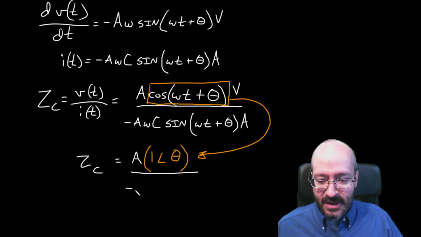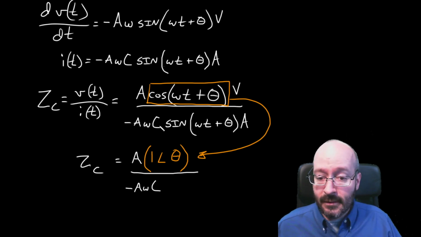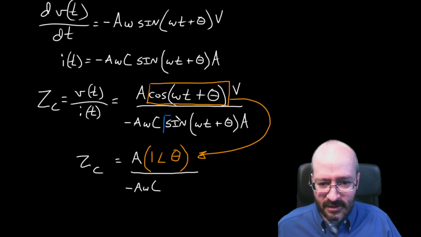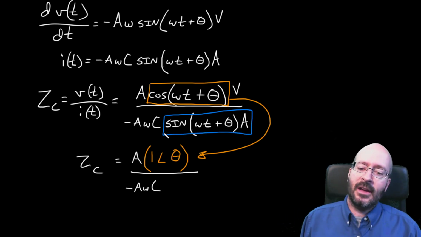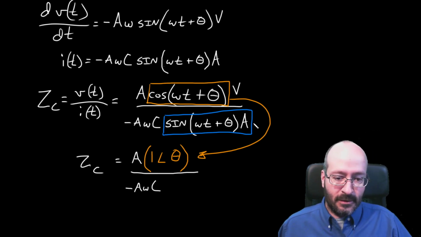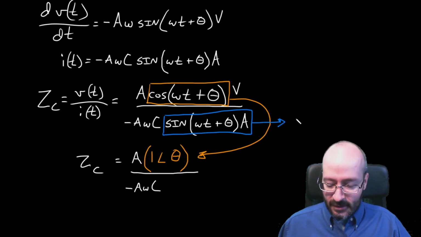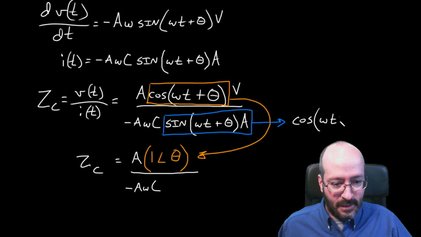So down here we have negative A omega C, and I'm going to take this. Oh, I have to convert that to a phasor. Didn't we just have a video on this? How do I take a sine and rewrite it as a cosine? The first thing we're going to do is say this is equal to cosine omega t plus theta minus 90 degrees.